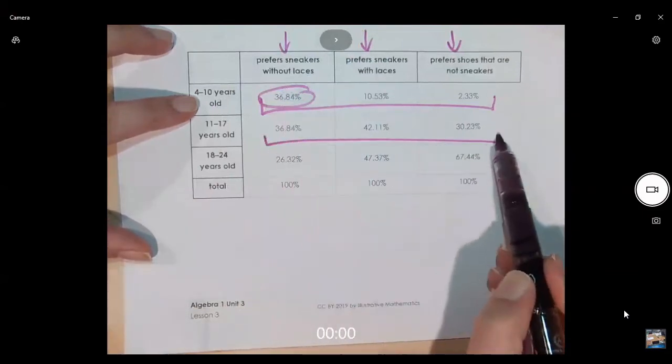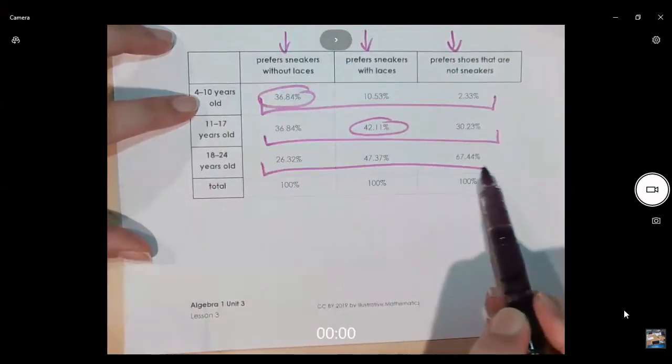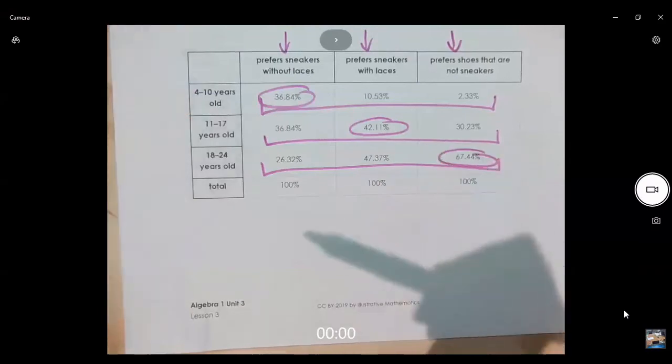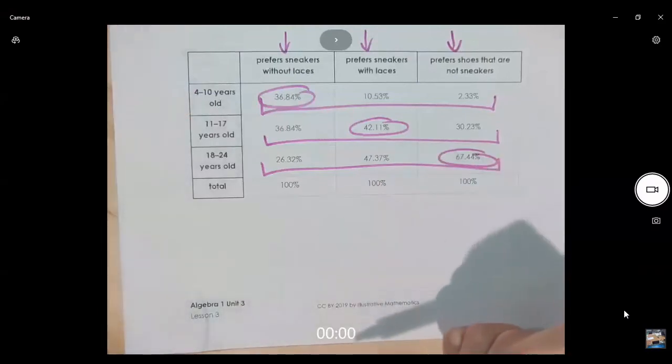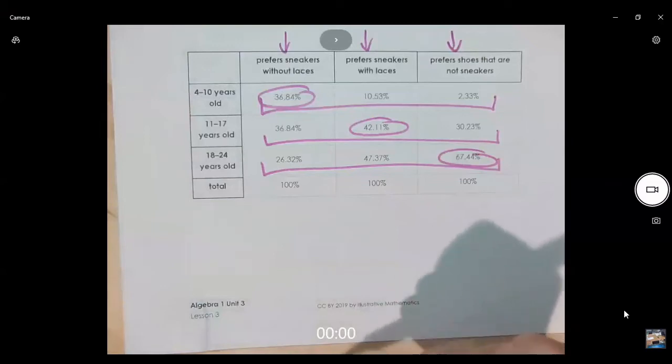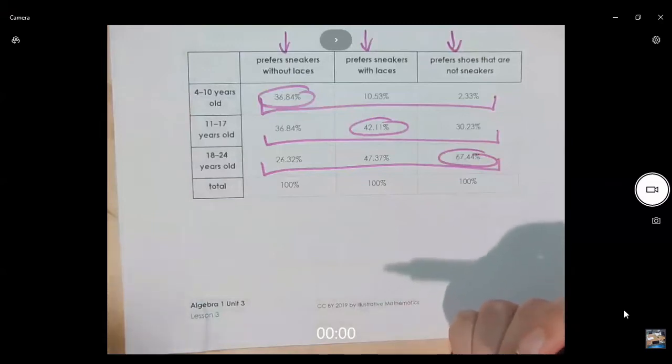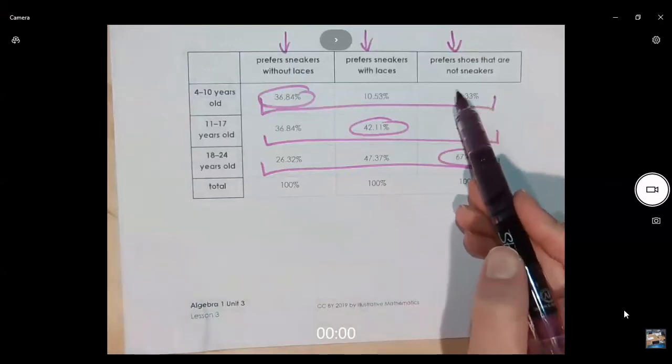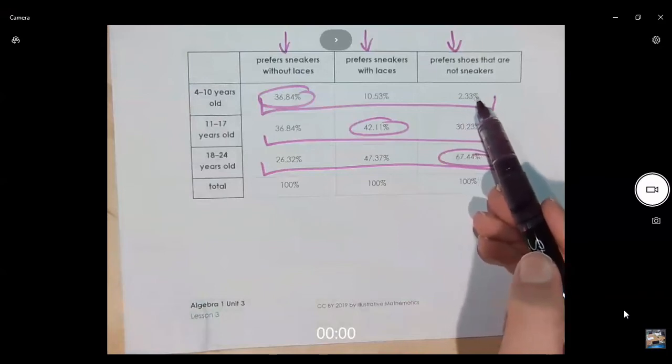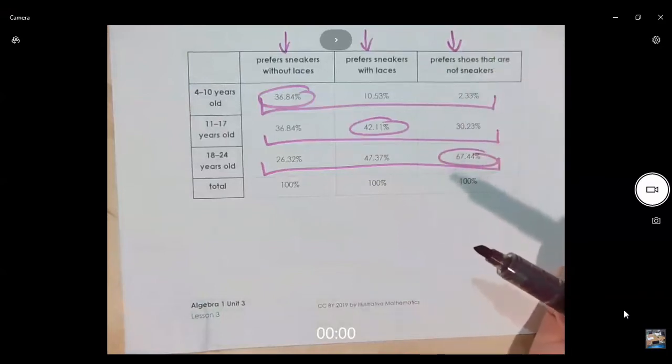So if you look here, you can see these comparisons of the largest numbers. For example, among the kids who prefer shoes that are not sneakers, a very small percentage of them is the 4 to 10-year-olds, which follows with what we set up in the other table.